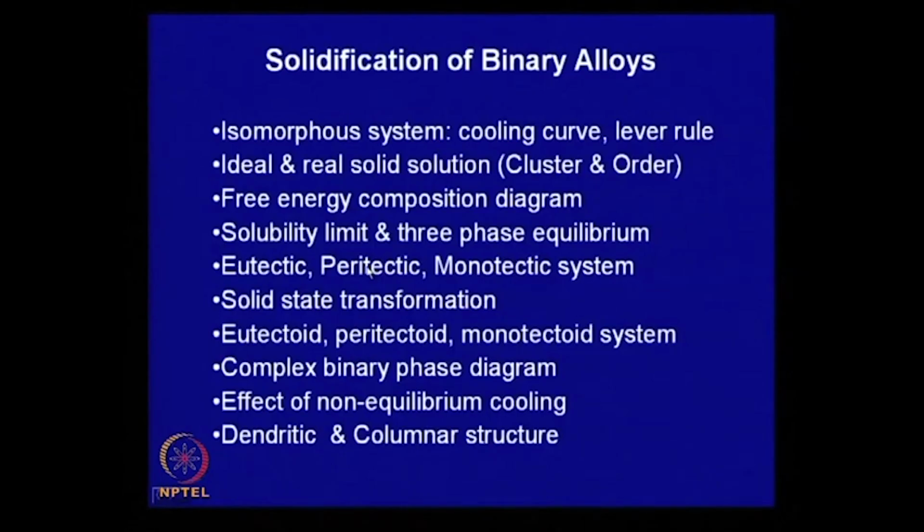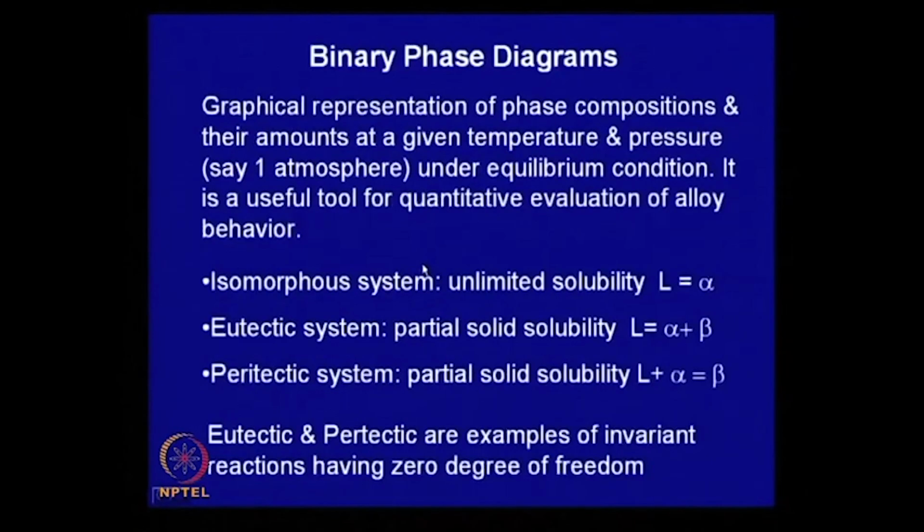Now, we will continue from here onwards. What we have seen is that the transformation that takes place during solidification of a binary alloy is represented in the form of a diagram, which is called a binary phase diagram.